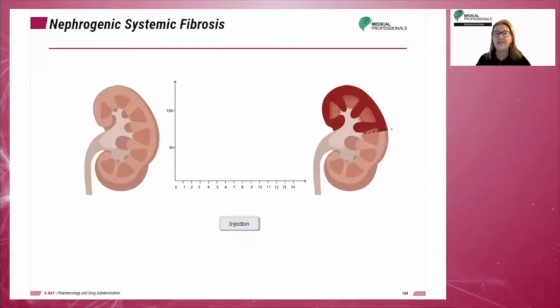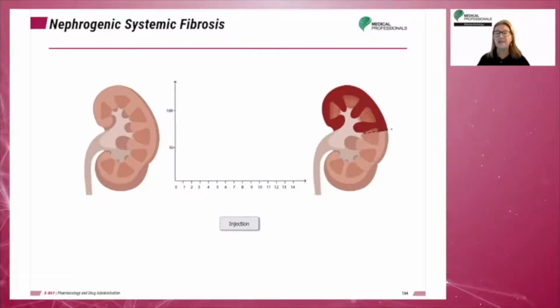The disease affects the skin and internal organs. Symptoms include swelling, tightening of the skin, thickening and hardening of the skin at the level of the arms and legs, and sometimes the whole body.